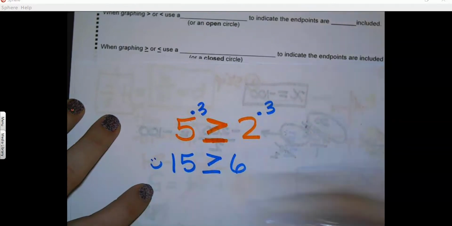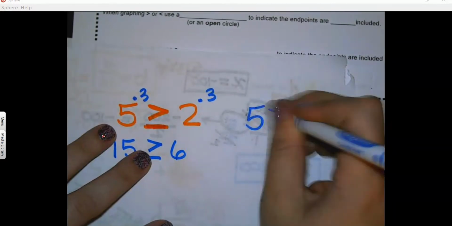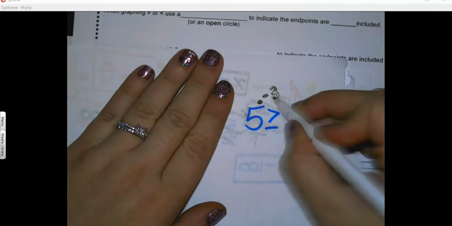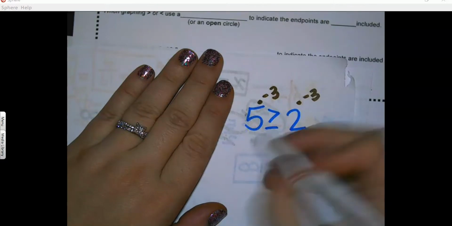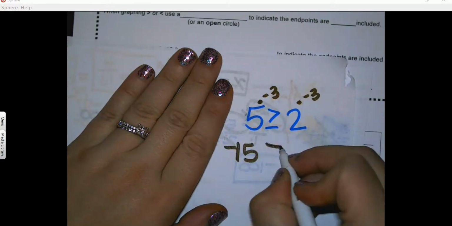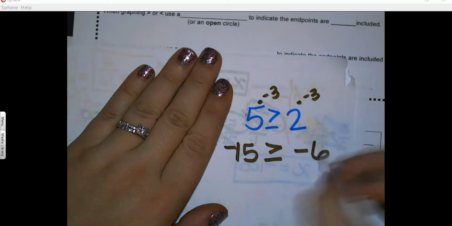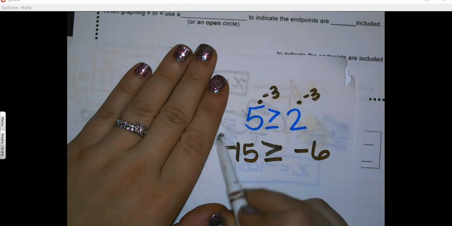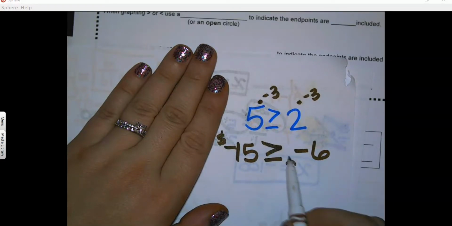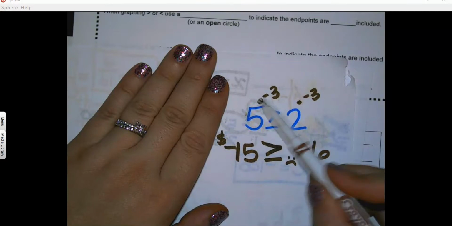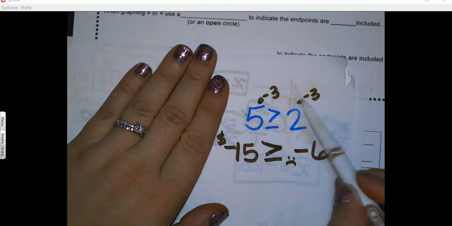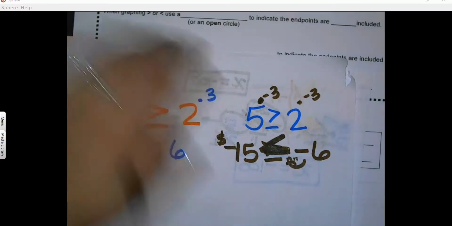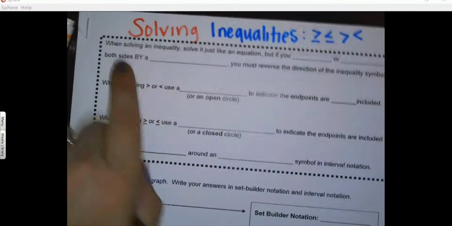It works. But if I multiply both sides by -3, now I have -15 is greater than or equal to -6. That's not true. This means I have less money if I owe $15. So no, that's not true. If I want to multiply or divide both sides by a negative, I have to flip the sign so that it works. That is why we have to do this.